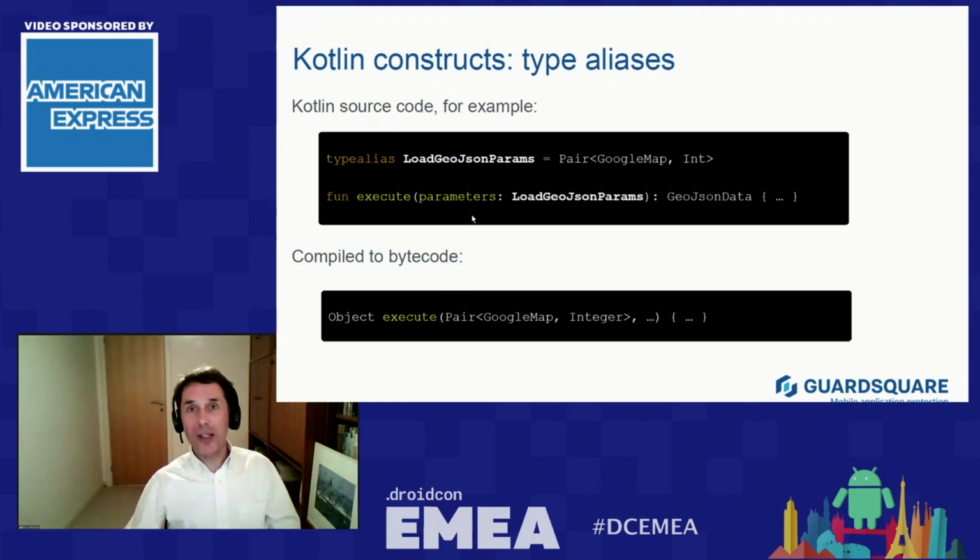Now, if you look at the compiled bytecode of this, it compiles to what you would actually expect. The type alias is gone entirely, and it only leaves the definition that was there originally. So a type alias is essentially a macro, and it doesn't have any impact on size or performance. So that was just a simple start.